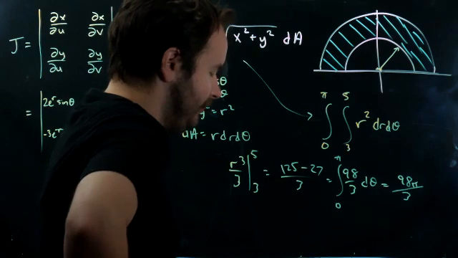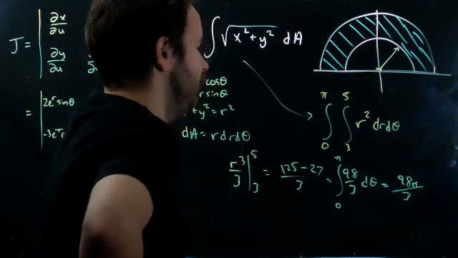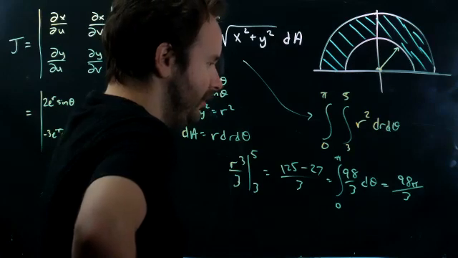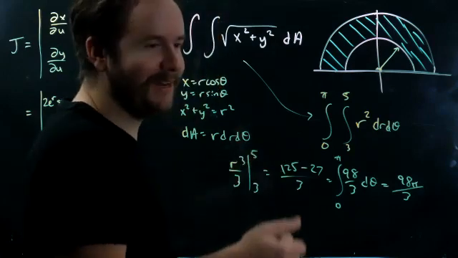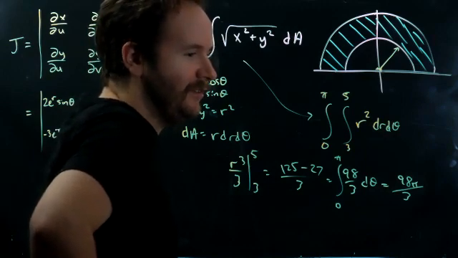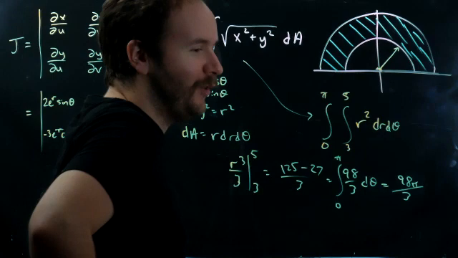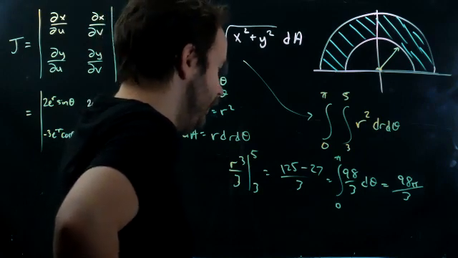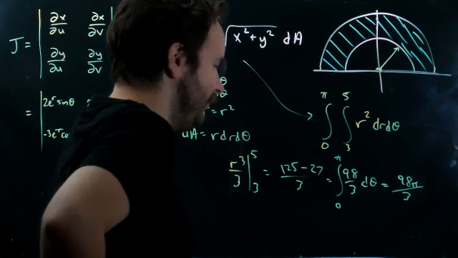What's 4 cubed? 64? No, I'm wrong. What'd you say it was, 16? No, 48. Nice job, buddy. Okay, 48 minus 27 is 21, divided by 3 is 7. 37 over 3 pi. Yes.